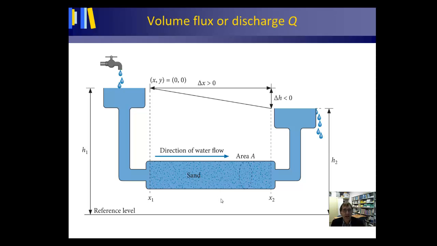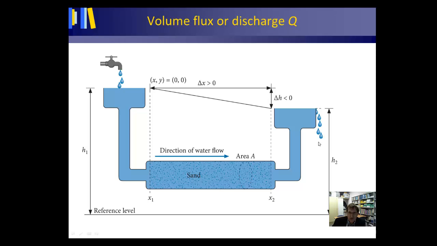Let's have a look at this experiment by Darcy. We have a sand-filled cylinder. So this is a cylinder. Here we have the sand, and here we have a tube, and water rises to this level in the tube, and at the right hand side water is leaving the tube again and is dripping out.